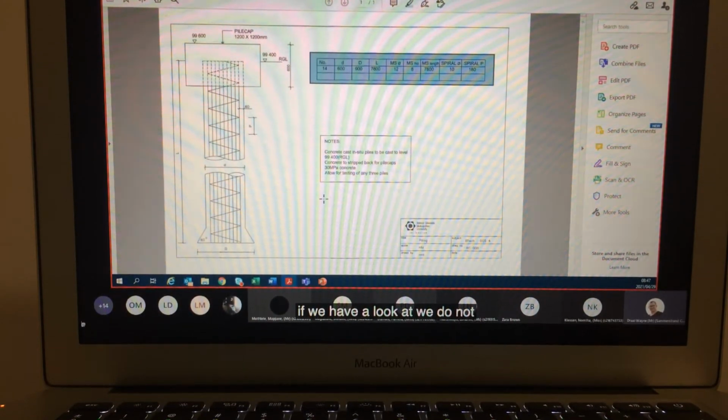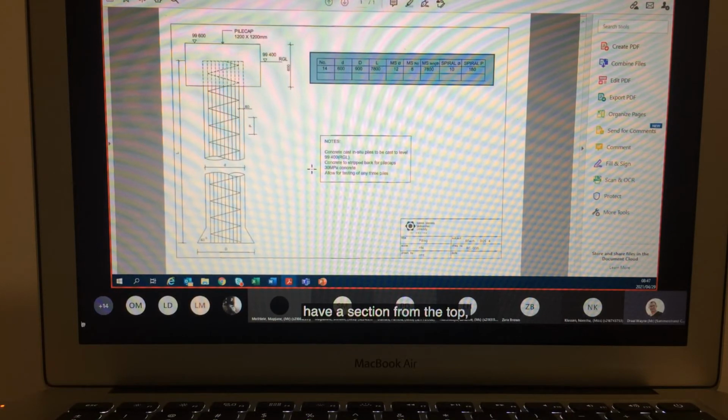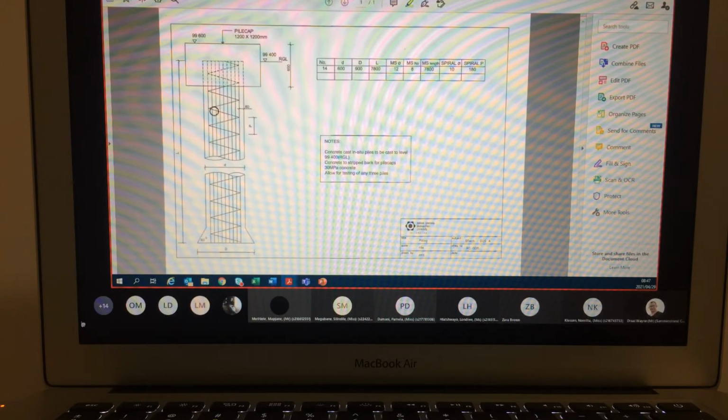We do not have a section from the top, but it would be these strands that you see down there. That would be the vertical.